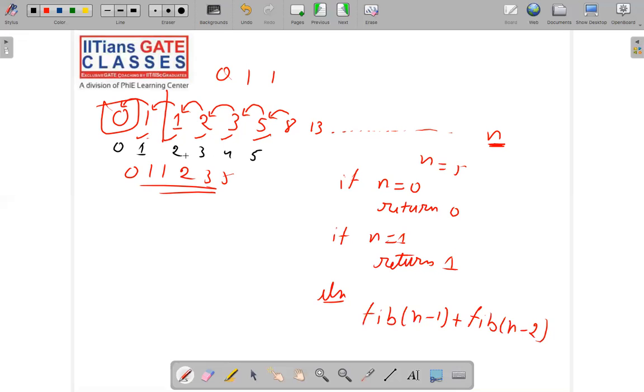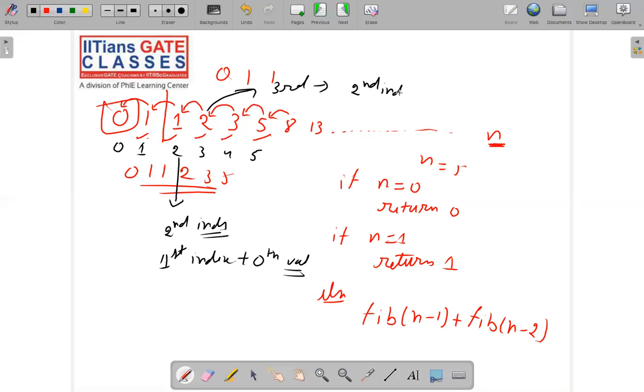So for the second index, what I'm doing is adding the first index value plus the 0th index value. I'm adding these two. For the third index, I am adding the second index value plus the first index value.